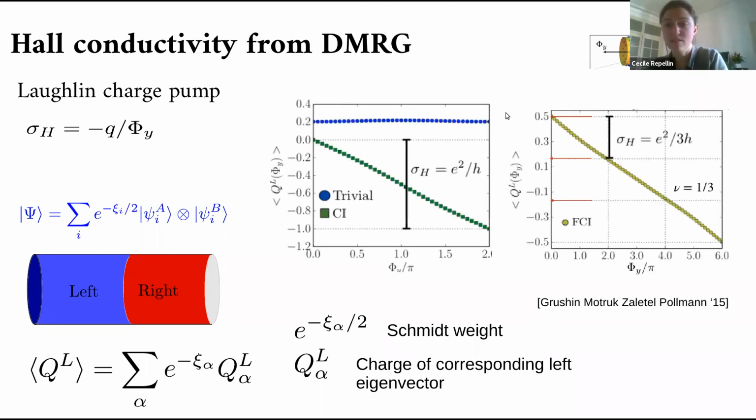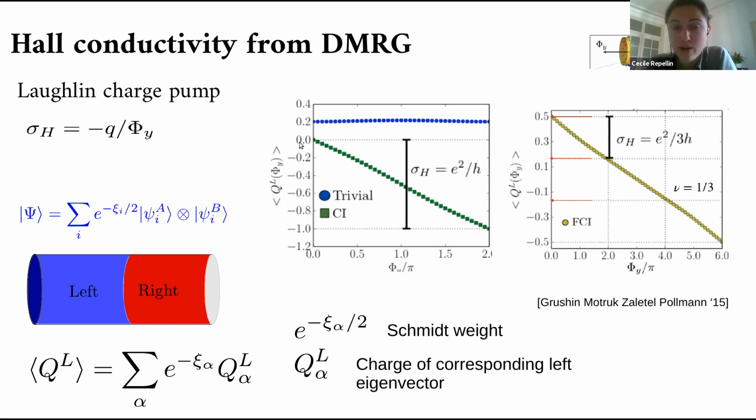So here are some results which I extracted from this paper. Here you have the case of a trivial and an integer Chern insulator. In blue is the trivial case.